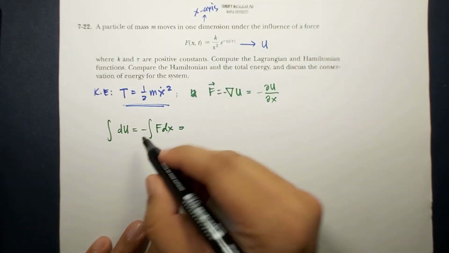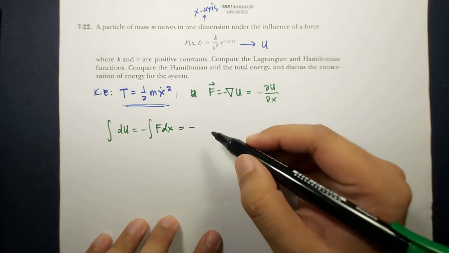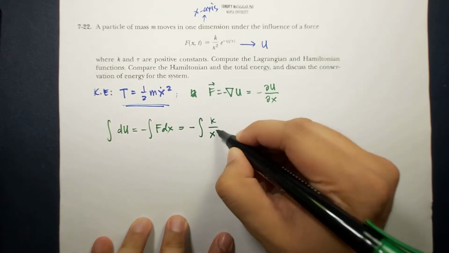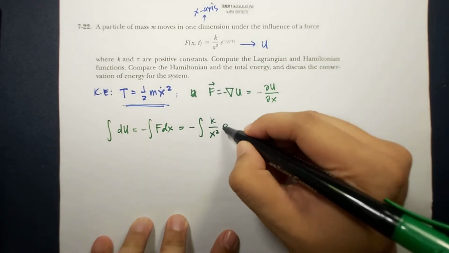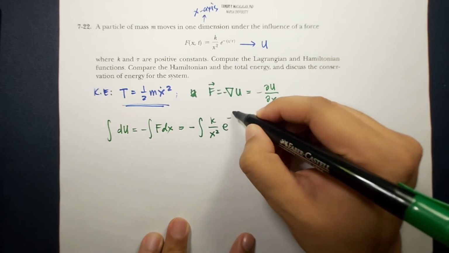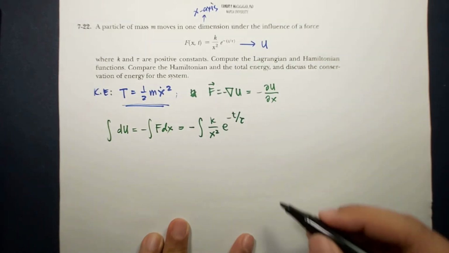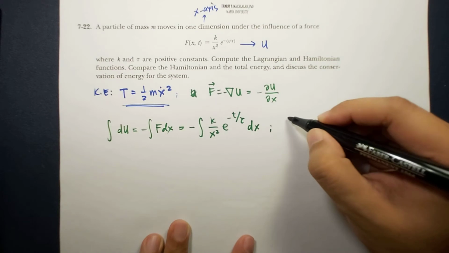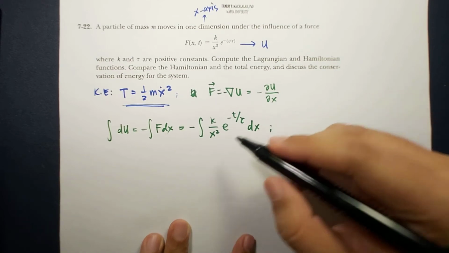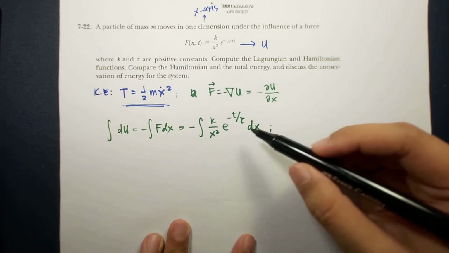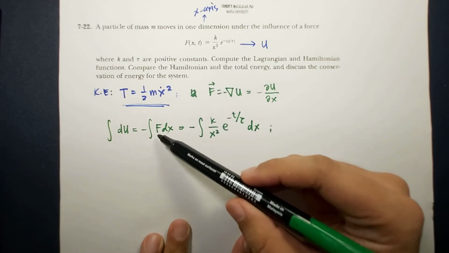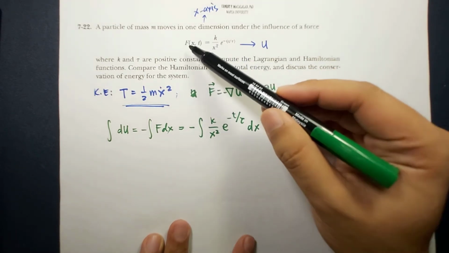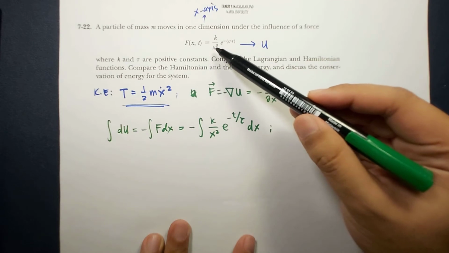From this equation, we have negative integral of k over x squared times e to the negative t over tau dx. So you notice that as the particle moves away from the origin, the influence of this force becomes very, very small.